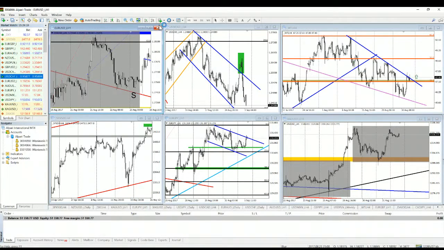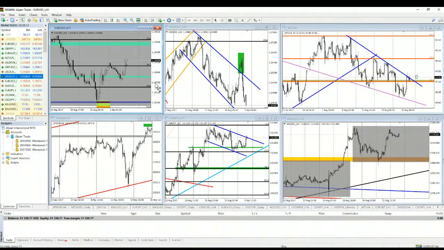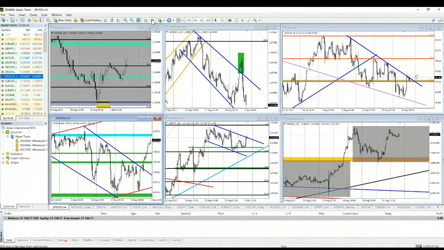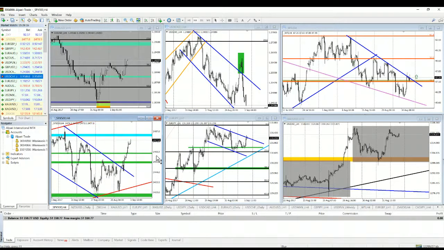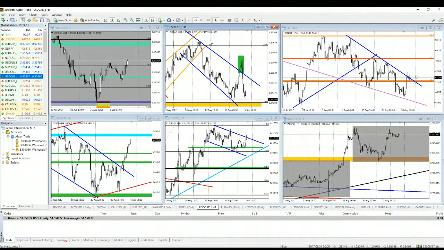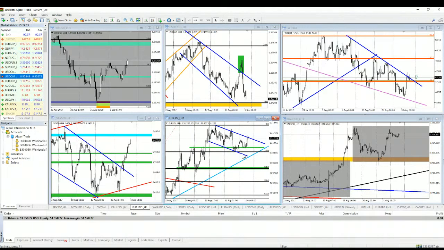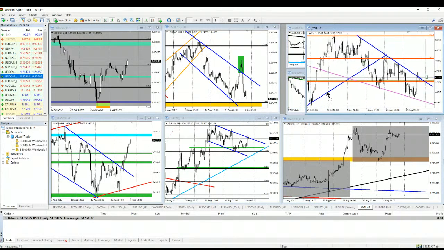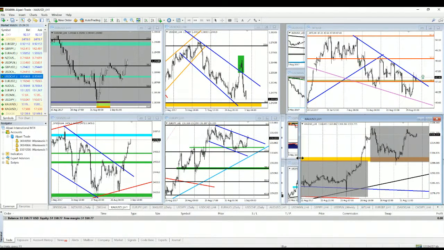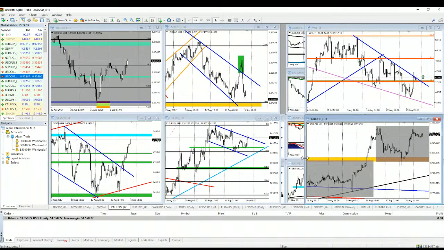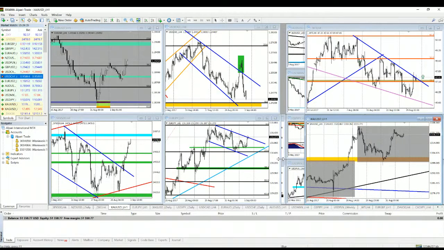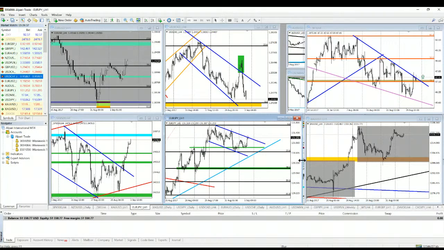We do have euro dollar on the top left, S&P 500 bottom left, and in the center we do have American dollar to Canadian dollar and euro to Japanese yen, and top right corner we do have oil and gold on the bottom right, and half an hour to the data.